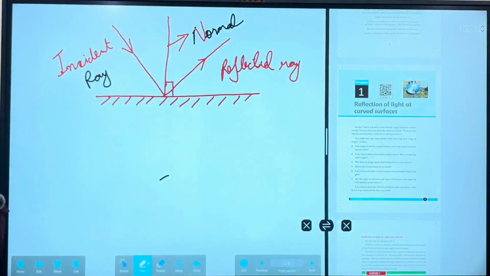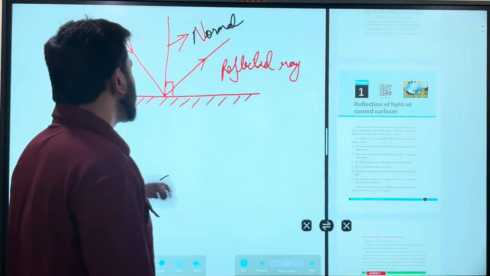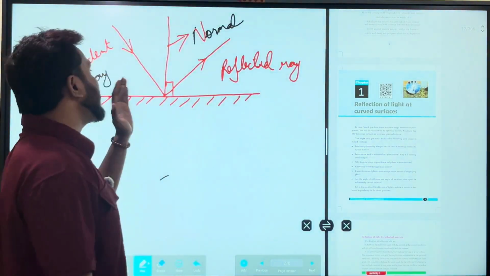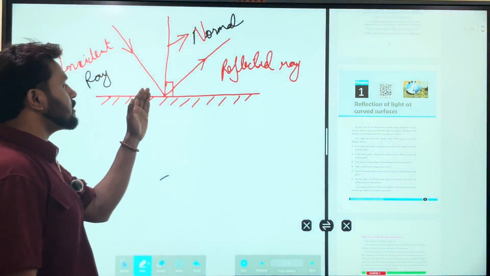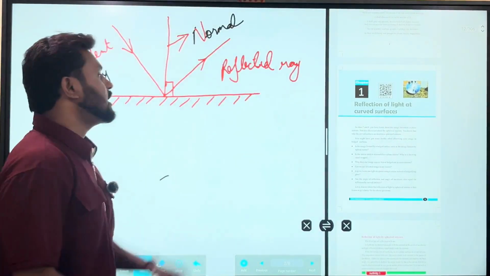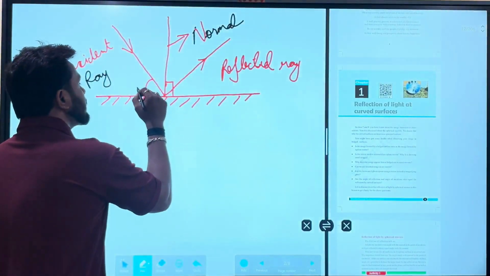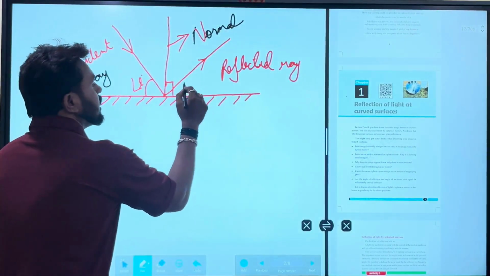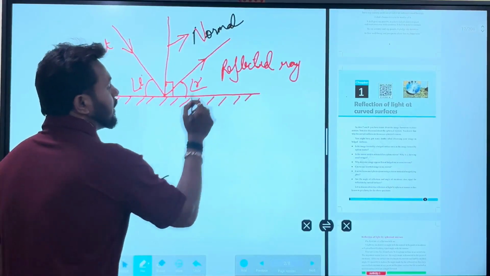Now, what are the laws of reflection? The first one says that the angle at which the incident ray strikes the mirror and the angle at which the reflected ray gets reflected after striking are the same, which means angle i is equal to angle r.